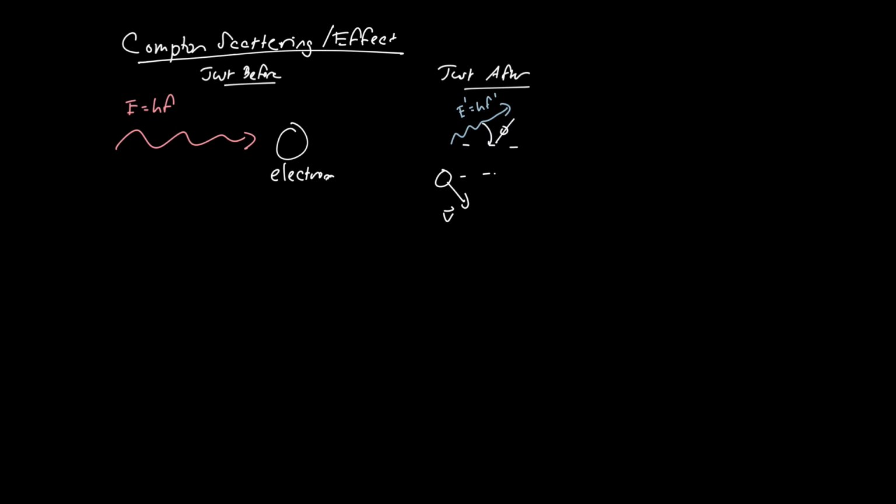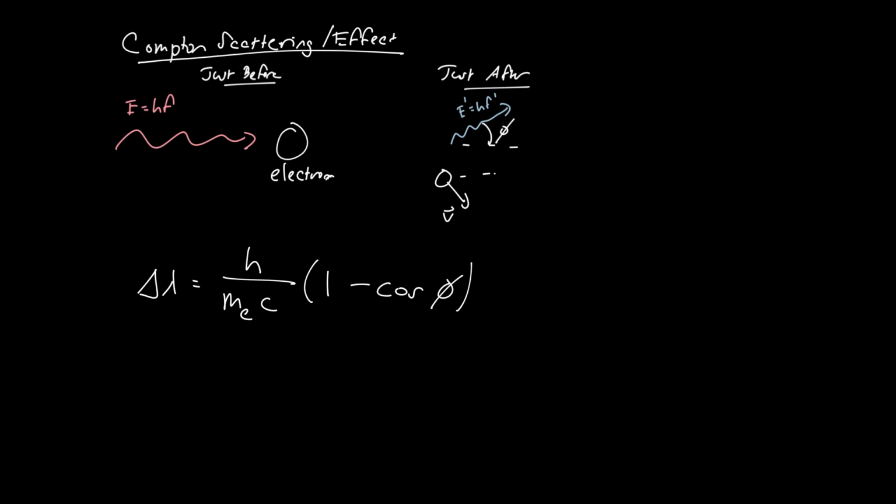Okay, and so this is the equation we use to relate those two wavelengths. So we say the change in wavelength is Planck's constant divided by the mass of an electron times the speed of light times 1 minus the cosine of phi.